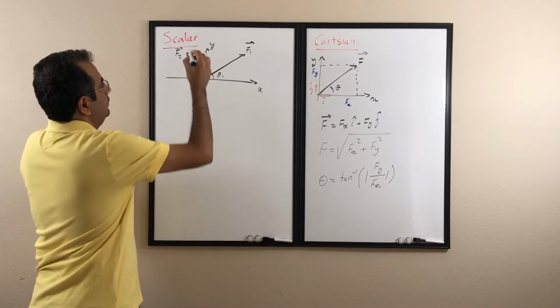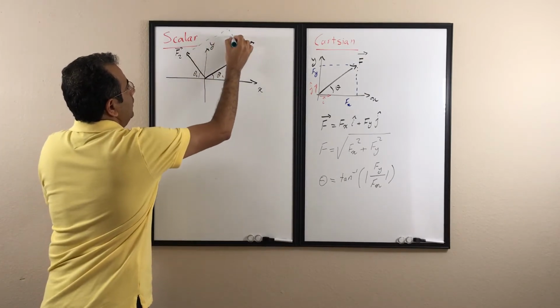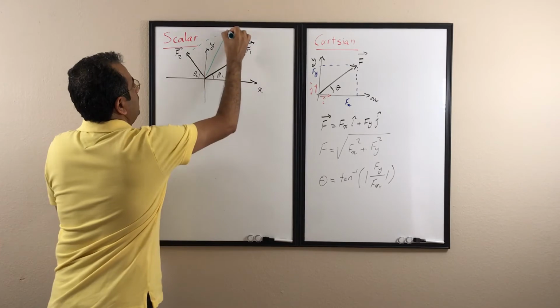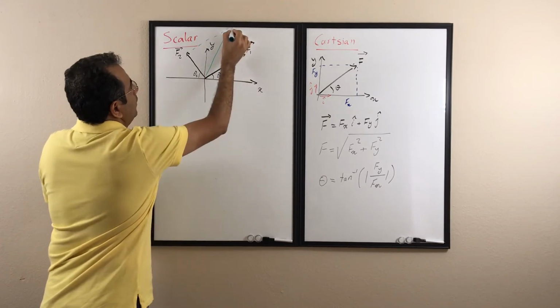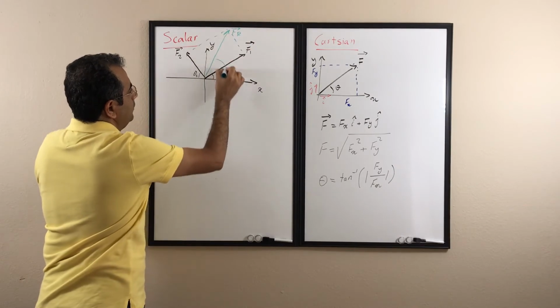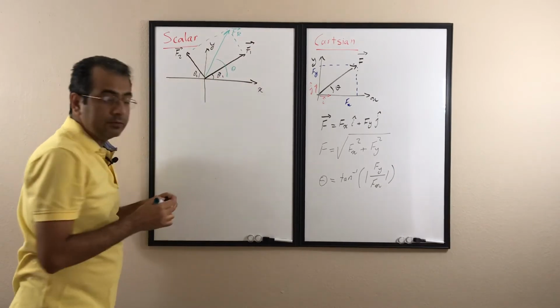If we want to draw the parallel line, we know this is going to be the Fr, the resultant vector, and this is going to be the theta, the direction of the resultant vector.